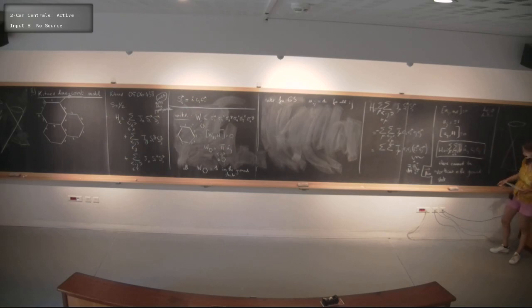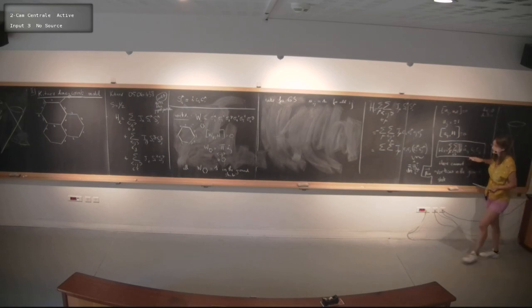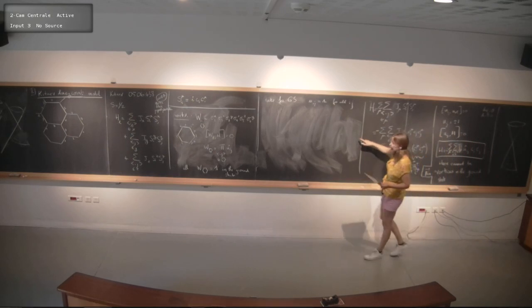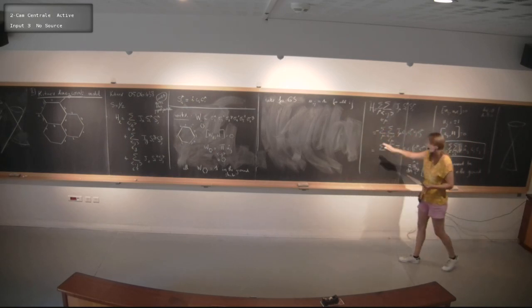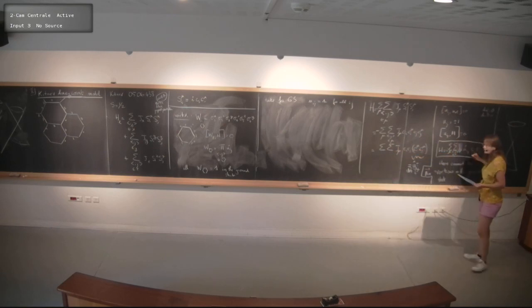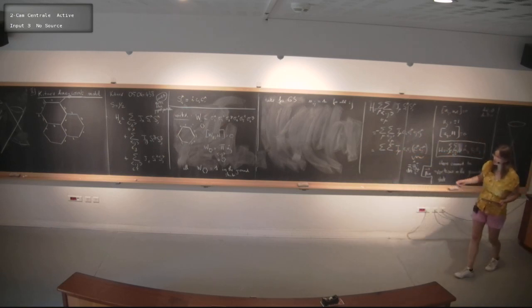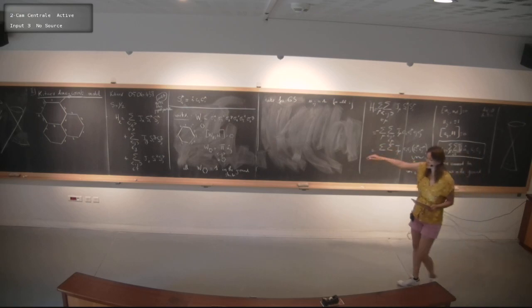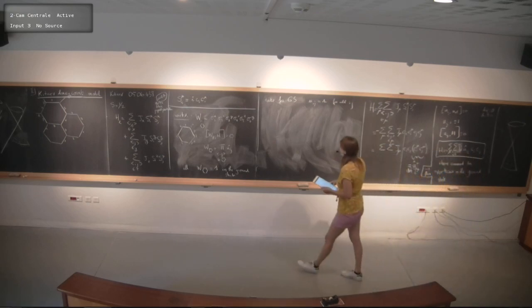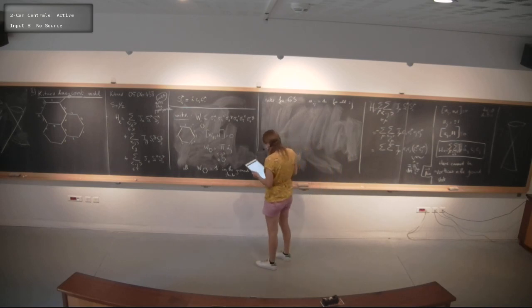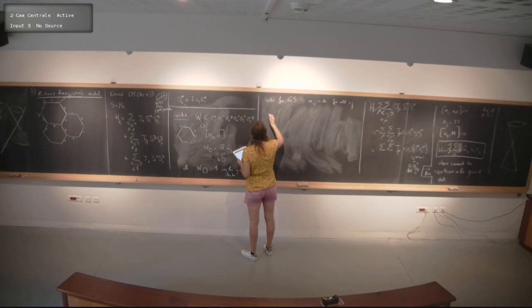The way to solve a model in a periodic lattice is to go to K-space, and I showed you what the Fourier transform was for Majorana fermions. By plugging this into the Hamiltonian, you get a 2x2 matrix because the honeycomb lattice is a two-site lattice, and you end up with a matrix whose eigenvalues you can get.